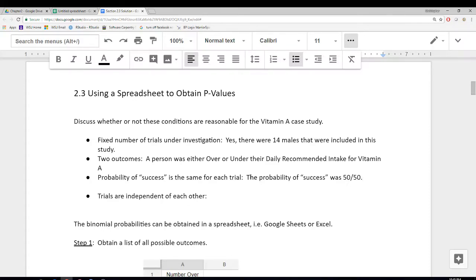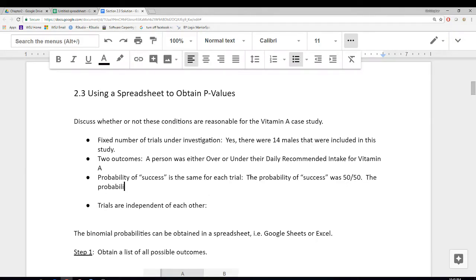The probability of being over or under was 50-50 here. So the two outcomes were over and under, and the probability of a success there was 50%, and the probability of a failure, which would be under, was also 50%.